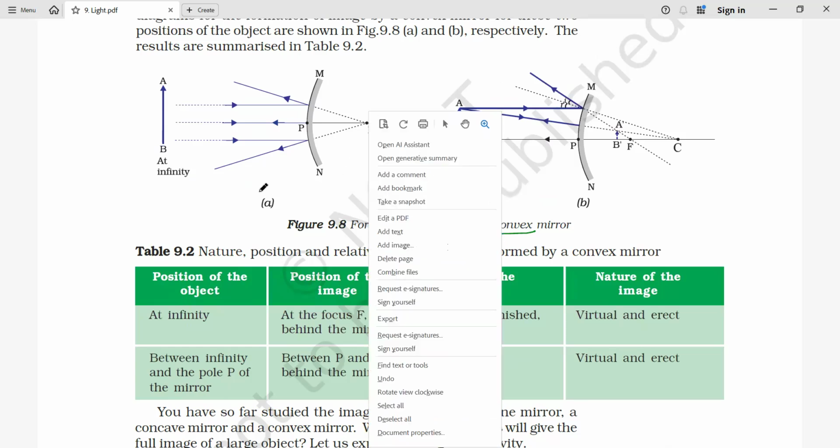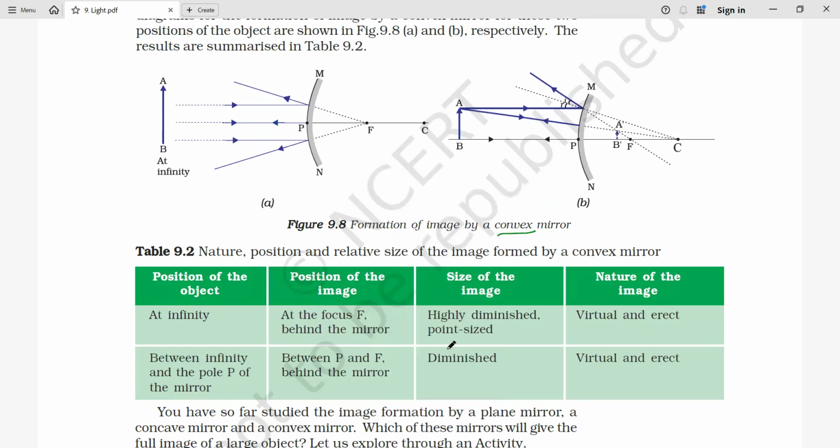The image is highly diminished, point-sized, and virtual, since a real meeting does not take place. So it is virtual and erect. Now the position is at the focus and behind the mirror; the nature is virtual and erect.